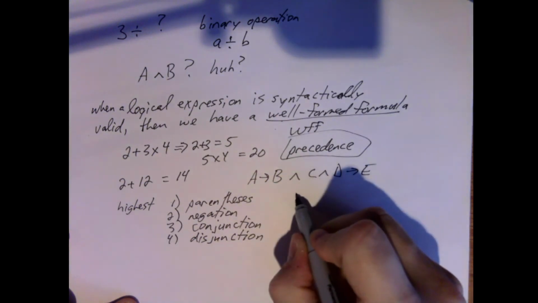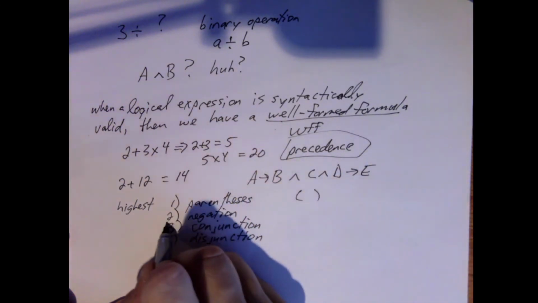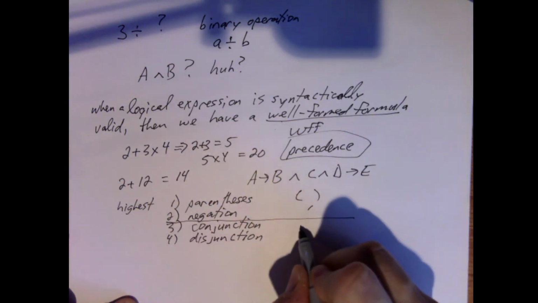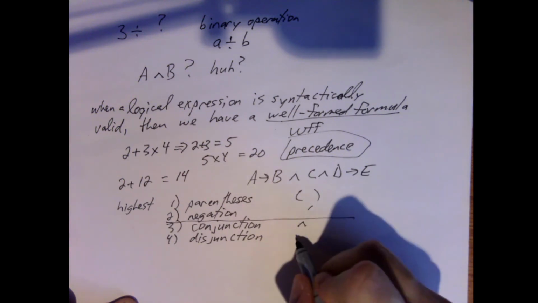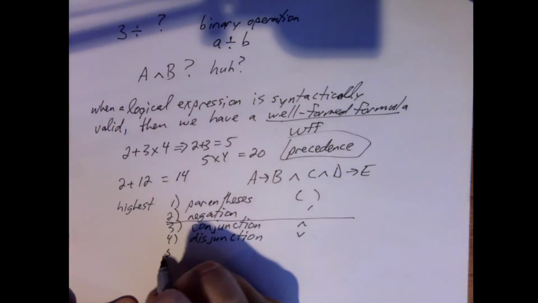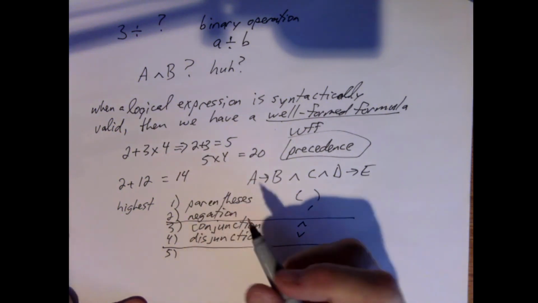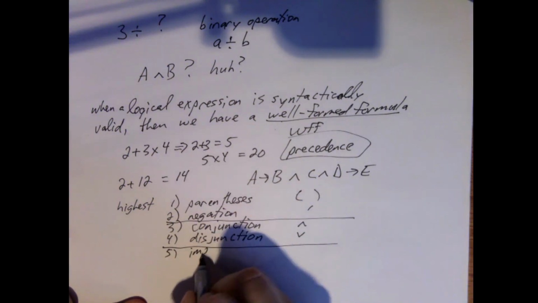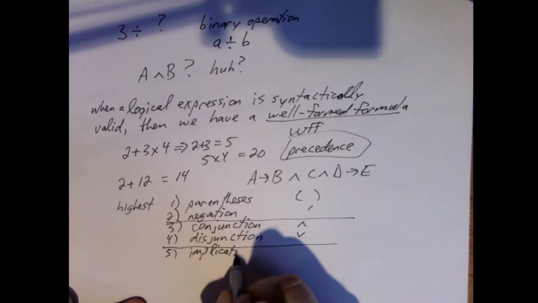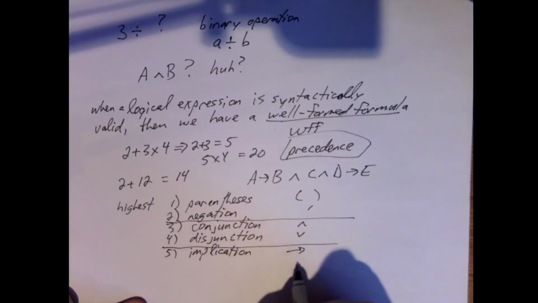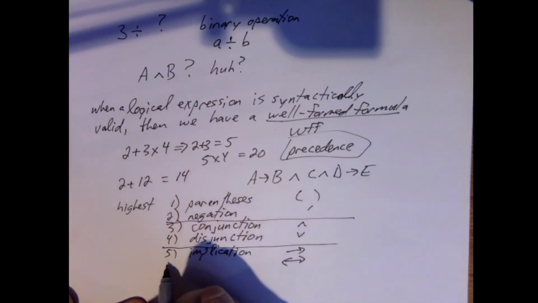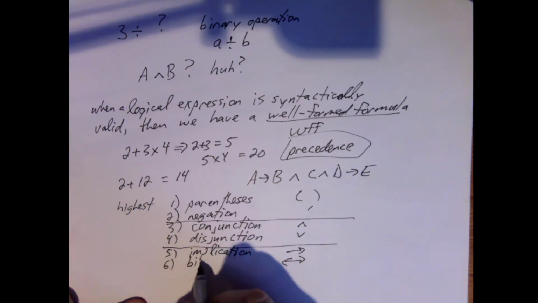Let's put some examples. Parentheses, negation, conjunction or and, disjunction or. 5 will be implication. And 6 is the biconditional.